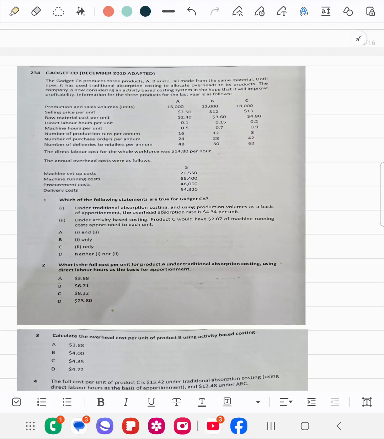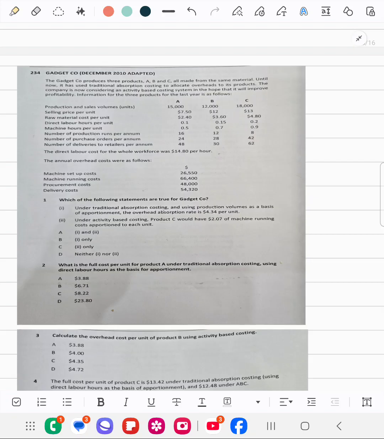The first part of the question is: which of the following statements are true for Gadget Company? Under traditional absorption costing and using production volumes as a basis of apportionment, the overhead absorption rate is 4.34 per unit.